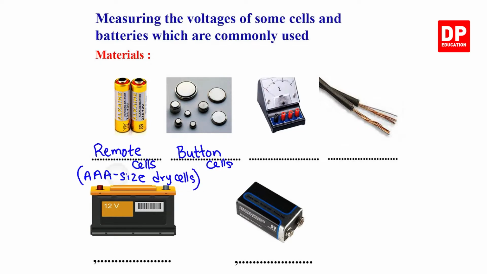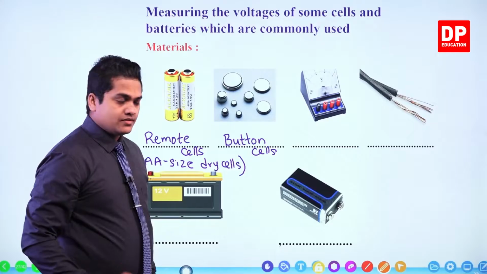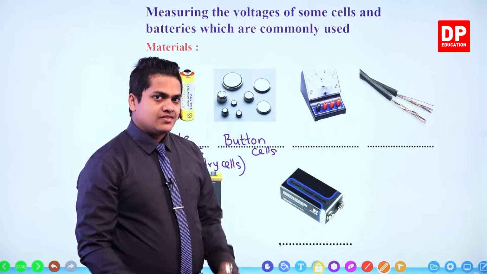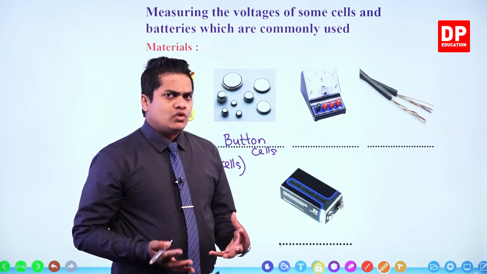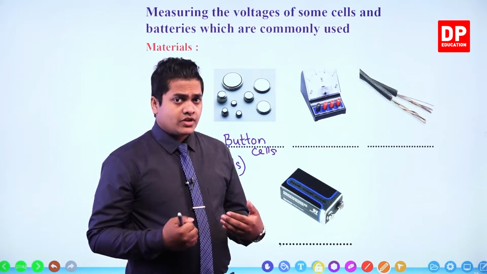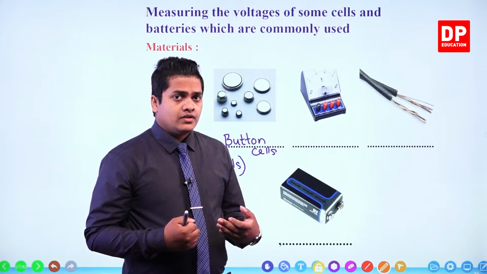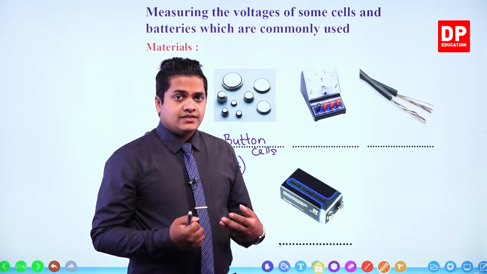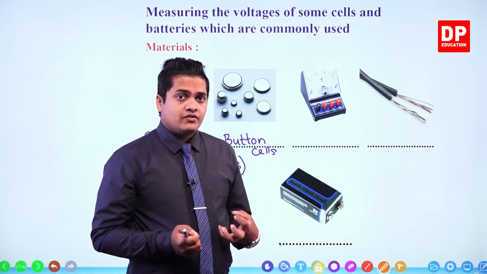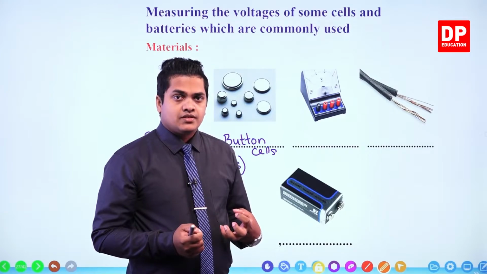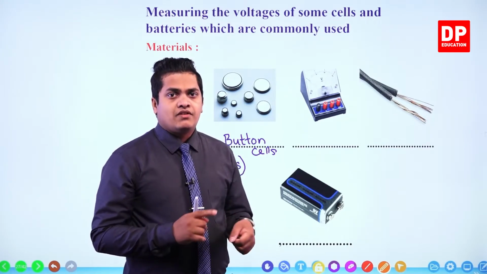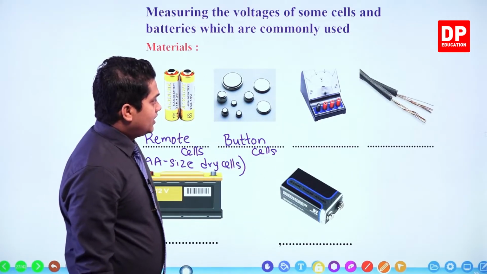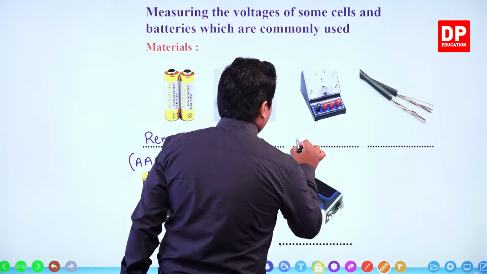AAA size means remote cells. And the button cells we use in our washers, and most of the time we use them in remote controllers as well, like in AC controllers. In these special kinds of remote controllers we also use the button cells. But most often we use these button cells in our washers and wristwatches, right? So button cells.